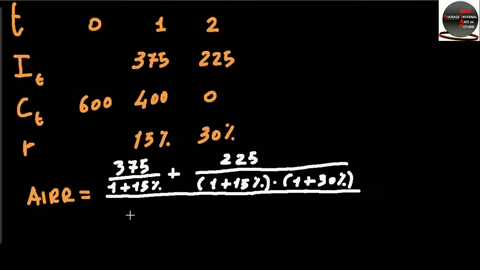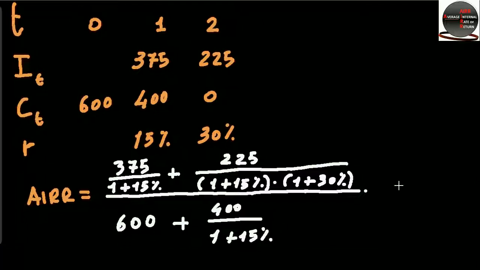As for the capital, we have 600, which is invested at time 0, and we add 400 discounted back by 1 period. The first period cost of capital is 15%. So this is our rate of return in present terms. We want an annual rate of return. We just have to multiply by 1 plus the first period cost of capital, 15%.